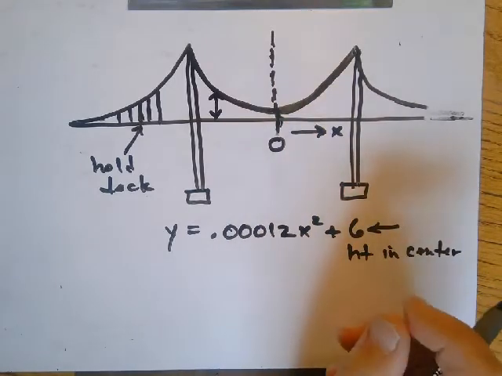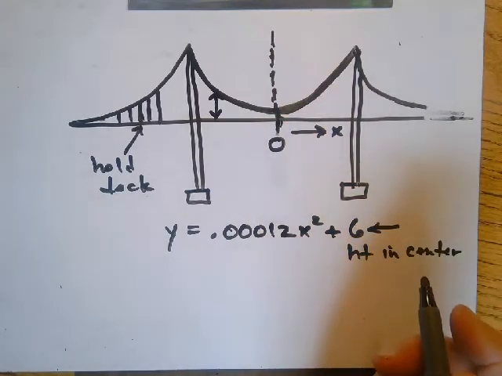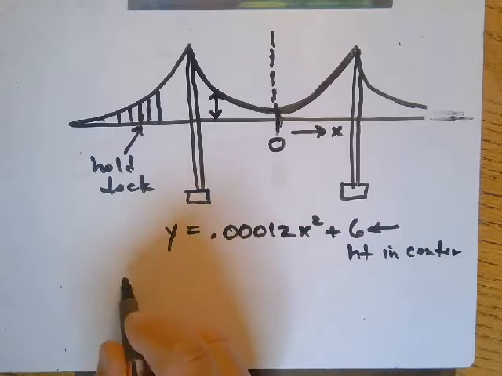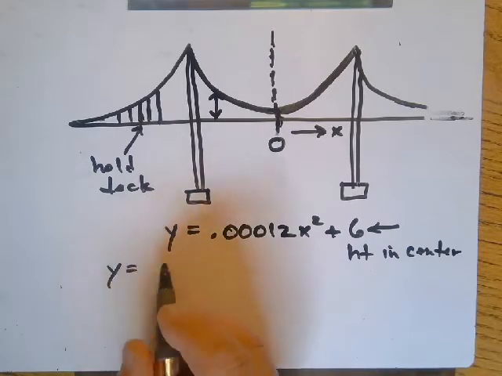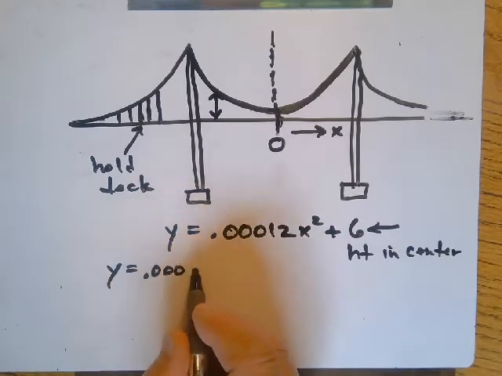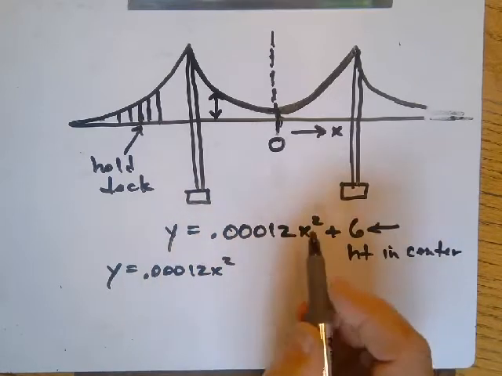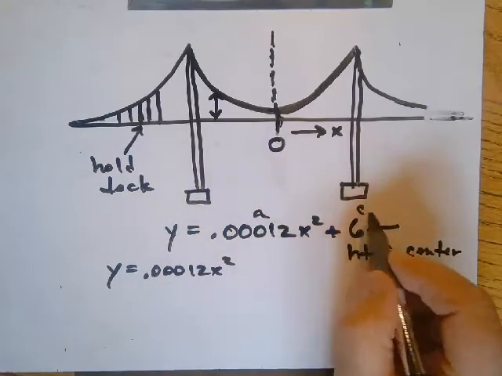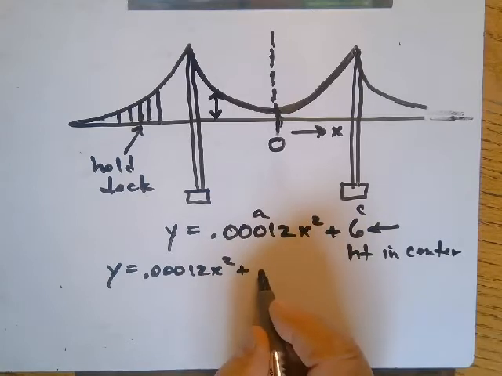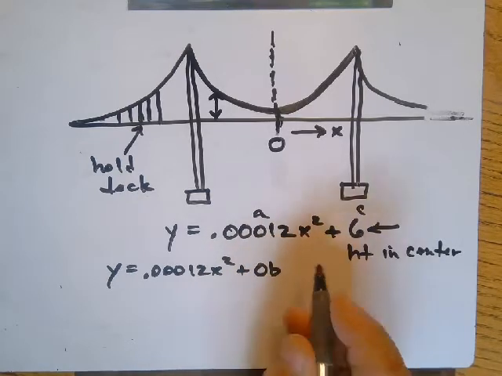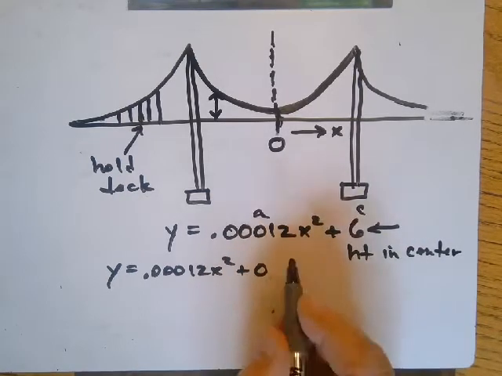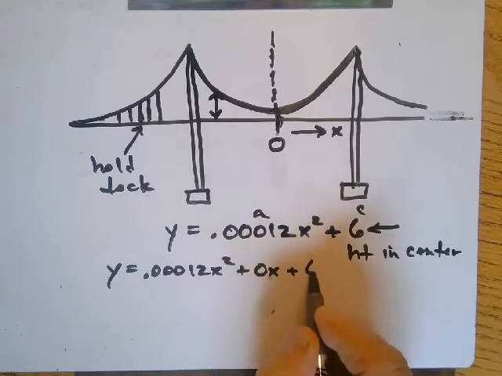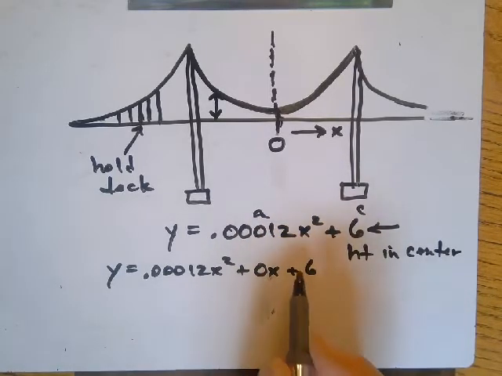So now it's asking us the question, calculate the value of the discriminant. What we're not seeing here is the B value. We see A here, and we see C, but what we don't see is B. So in this case, B is 0, and C is 6.